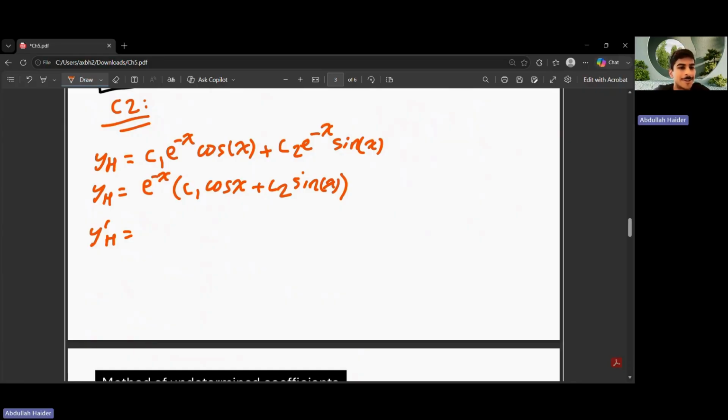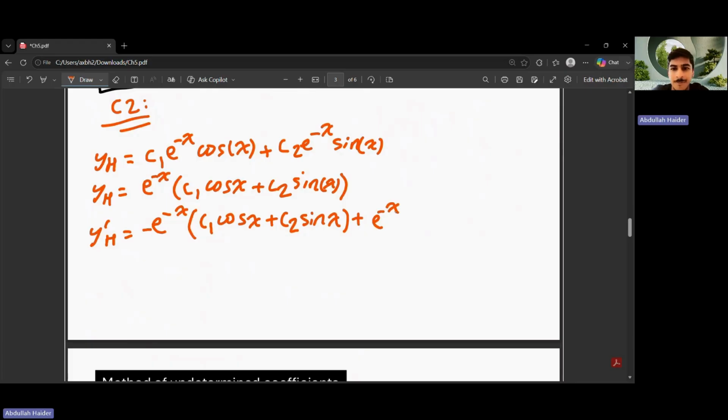So y prime of h is the product rule, u prime v plus u v prime. The derivative of e power negative x is negative e power negative x. You write this as is, C1 cosine x plus C2 sine x, plus now u v prime.